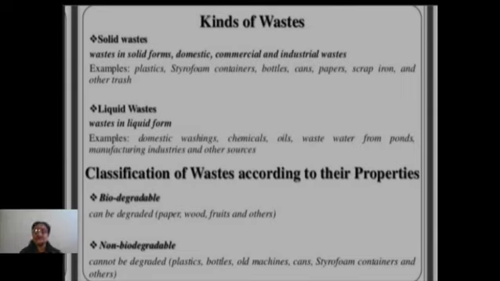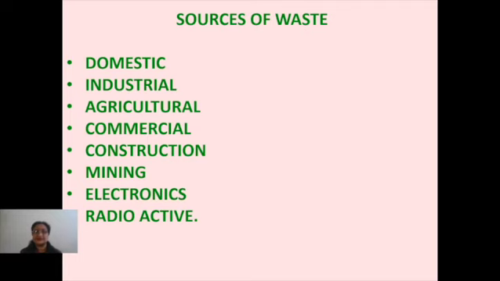Biodegradable waste is that which can be degraded easily, and that includes paper, wood, fruits, the peels of vegetables and fruits, and food items. Non-biodegradable waste cannot be so easily degraded. That includes plastic, bottles or glass, old machines; all these come under this category.